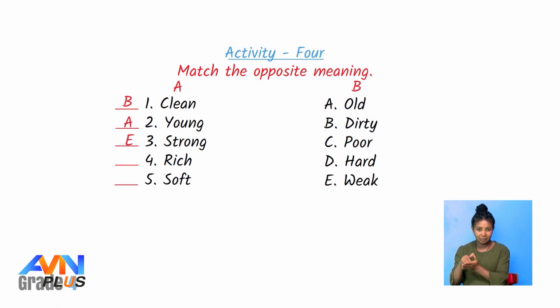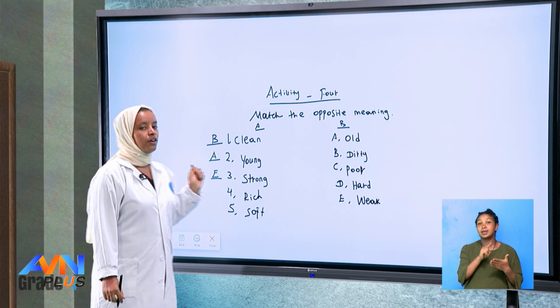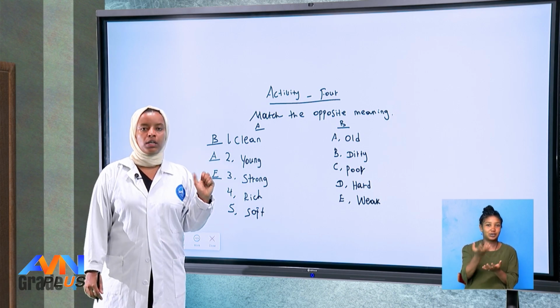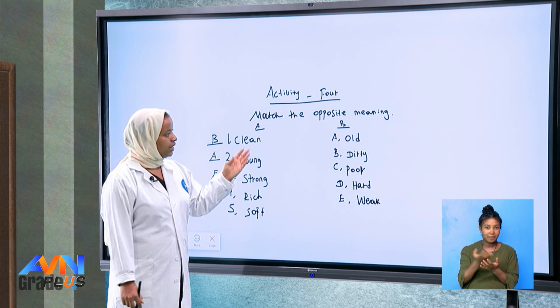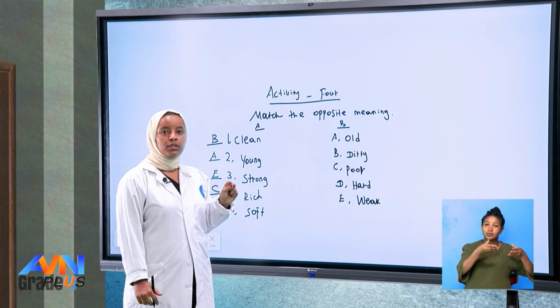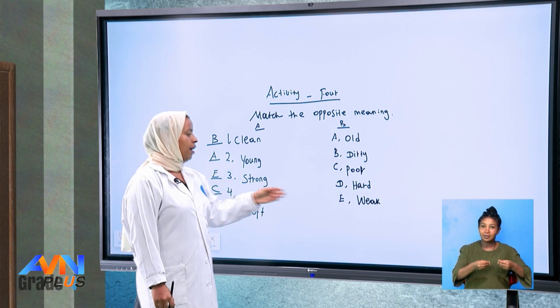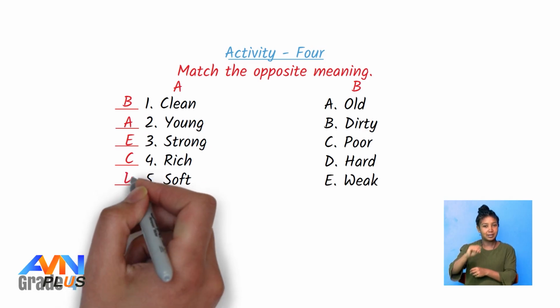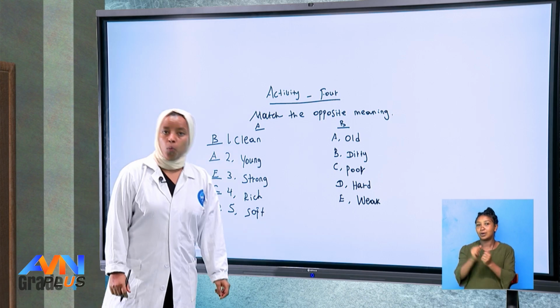Rich, poor. Soft, hard, D. Let us read together once.